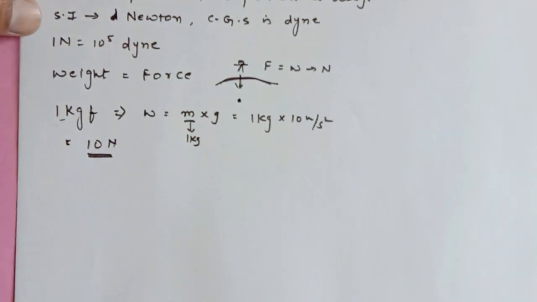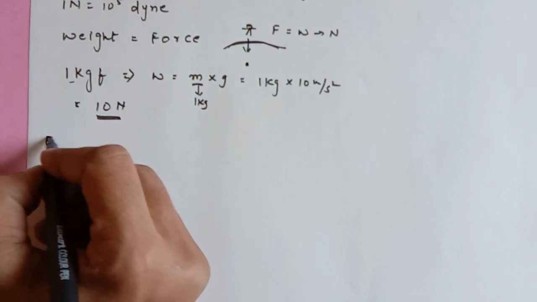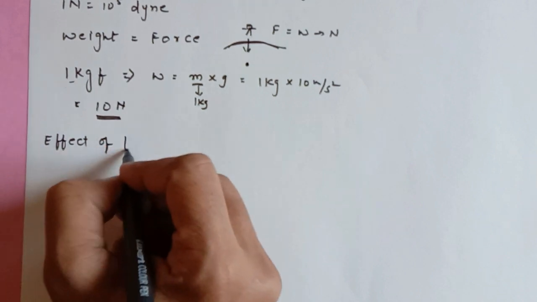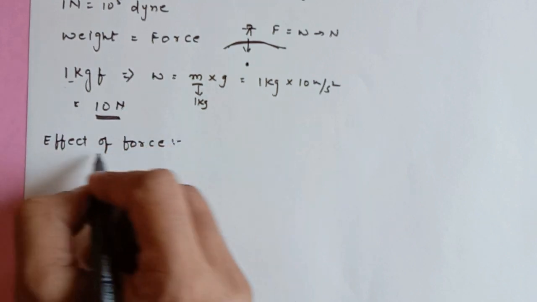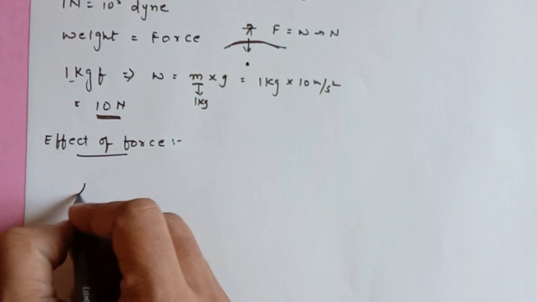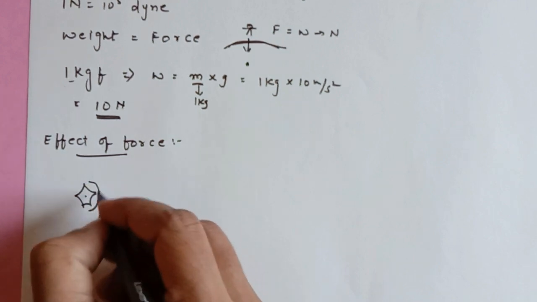Right, now let us talk about the effects of forces. The effect of force that we need is the turning effect. The rest we don't need to discuss over here. So suppose we have a nut bolt like this, and this is a spanner.